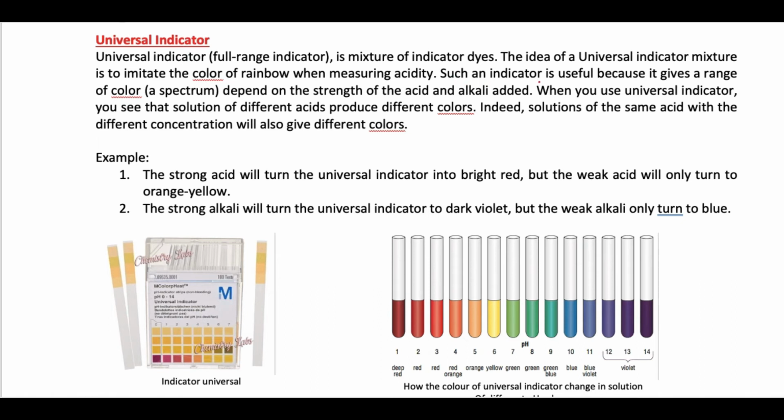Such an indicator is useful because it gives a range of colors, or spectrum, depending on the strength of the acid and alkali added. When you use universal indicator, solutions of different acids produce different colors. Indeed, solutions of the same acid with different concentrations also give different colors.